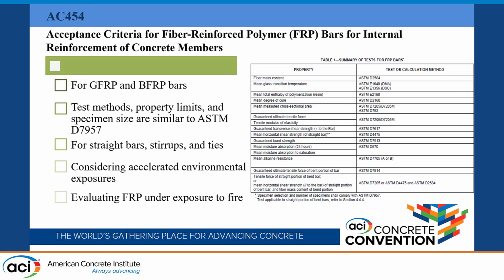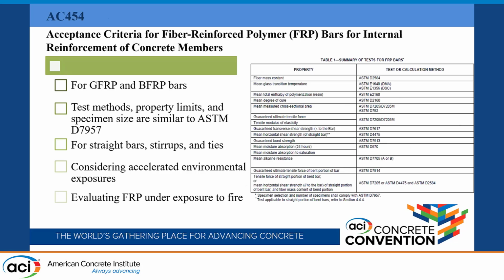The next document is another one in the United States. It's the acceptance criteria for fiber reinforced polymer bars for internal reinforcement of concrete members. So it will not cover the external reinforcement and also the fiber. So it's just the internal reinforcement. This one covers GFRP and BFRP. It's the difference from the previous ASTM 2022.